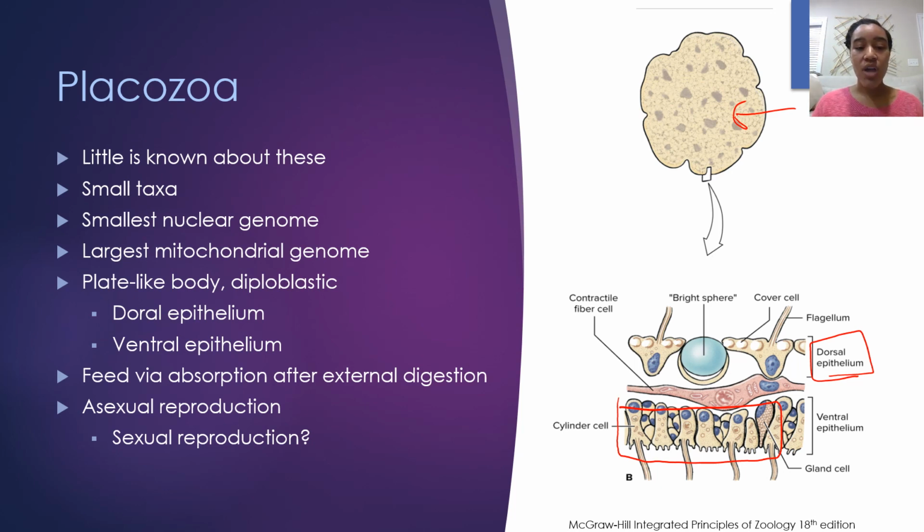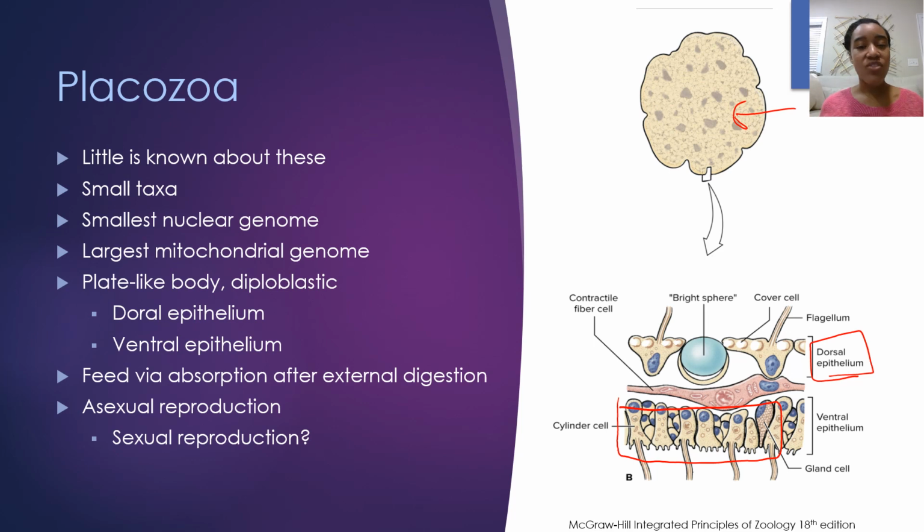And the ventral epithelia is what's responsible for feeding. And so these organisms feed via absorption. The ventral epithelial cells will extrude enzymes that will break down their prey, and then they just basically absorb the nutrients from that digestion, the external digestion that occurs.